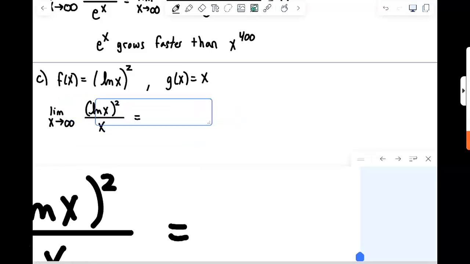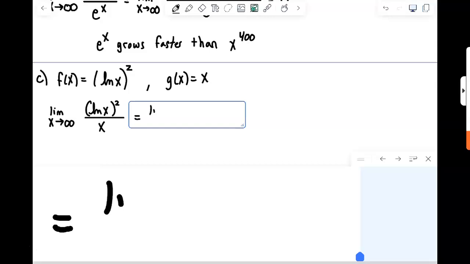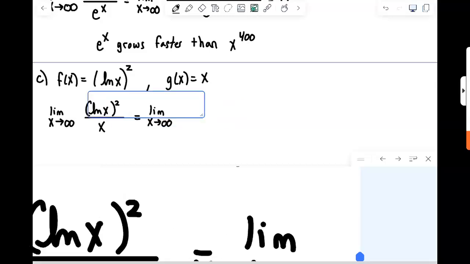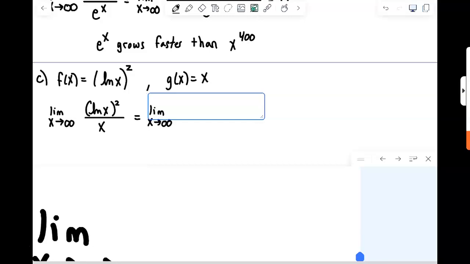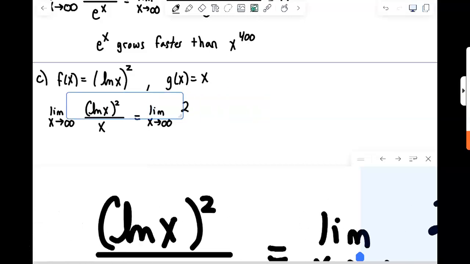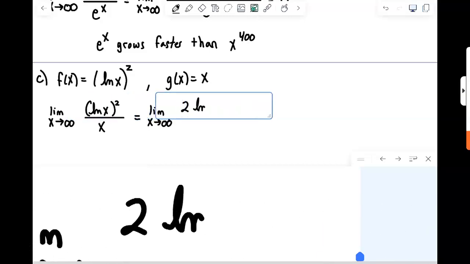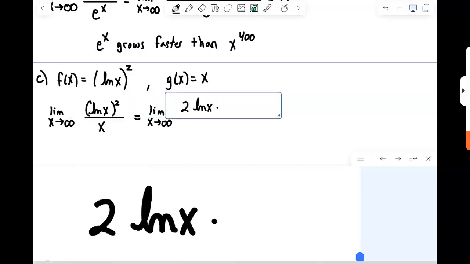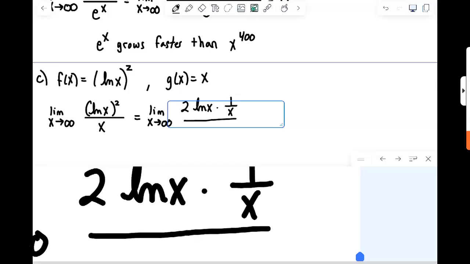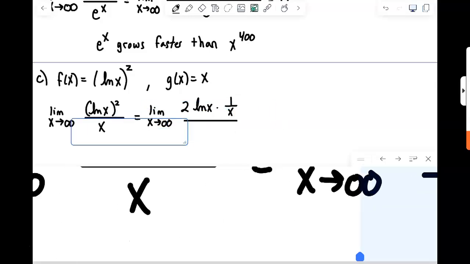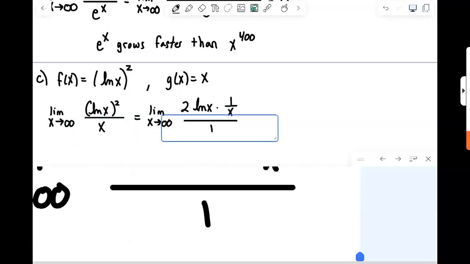So we'll be doing the derivative of the ln of x squared. To do that, we would multiply by the exponent, 2, and then that would be ln of x to the 1st, times the derivative of ln of x, which is 1 over x, and all of that will be over the derivative of x, which is 1.